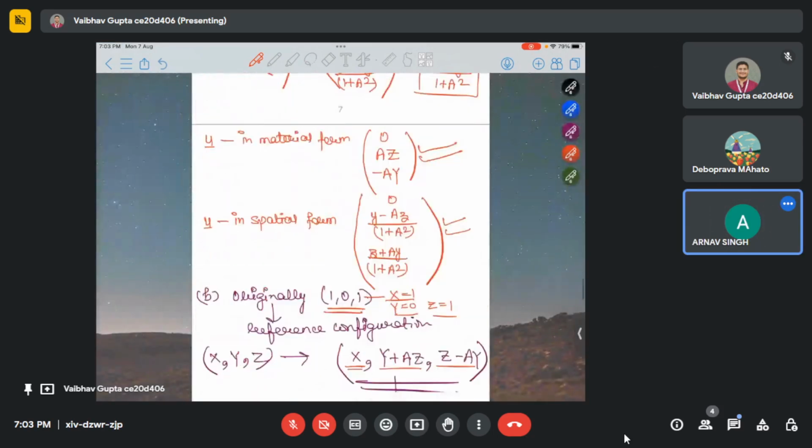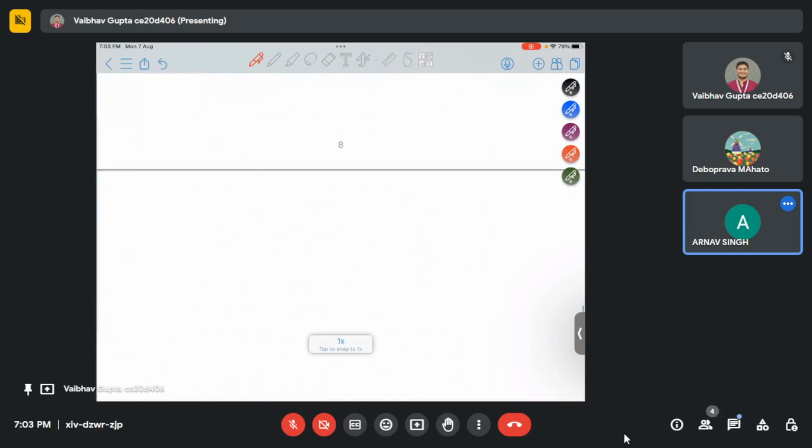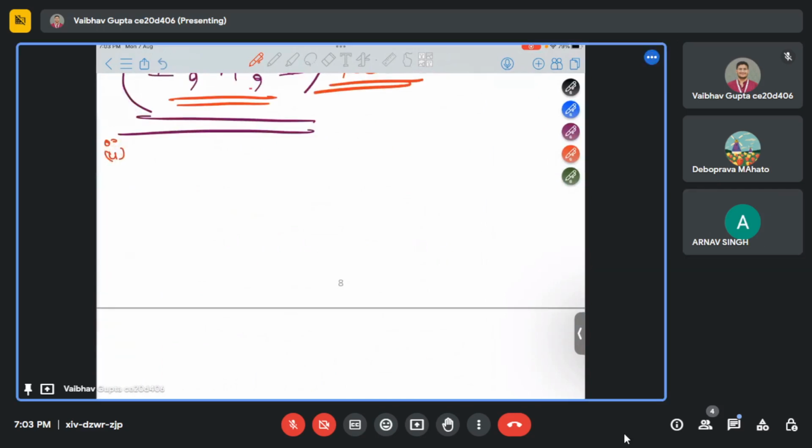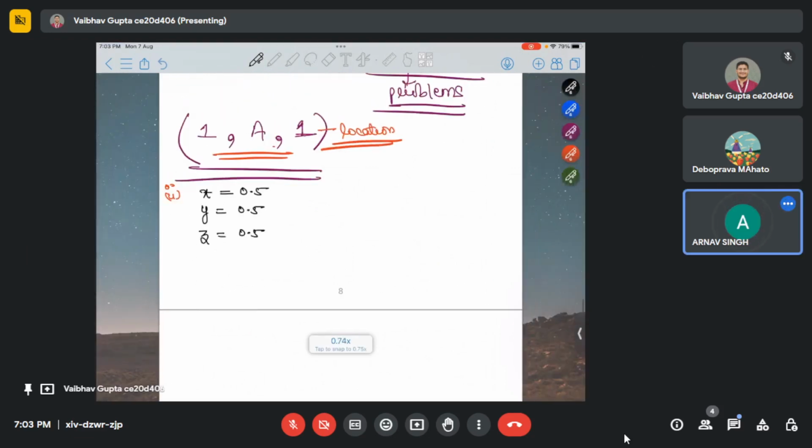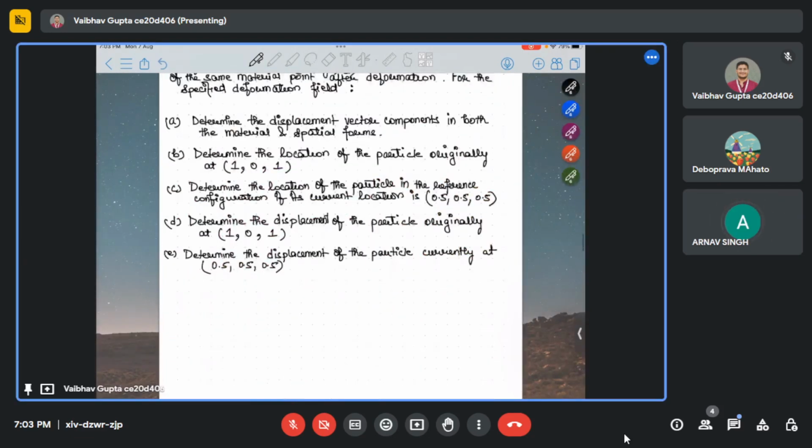We'll see how to do this. So he says our small x is equal to 0.5, small y is equal to 0.5 and small z is equal to 0.5.